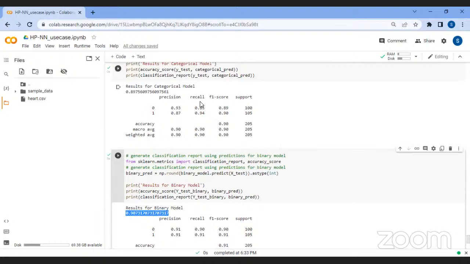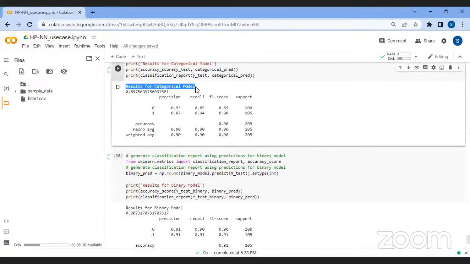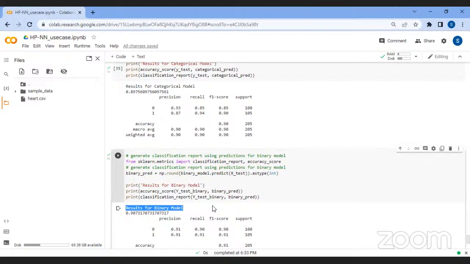The precision, recall, F1 score, and support we can compare with the binary model, and they are almost the same; the differences are really small. So these are the two models we have built to predict heart disease.